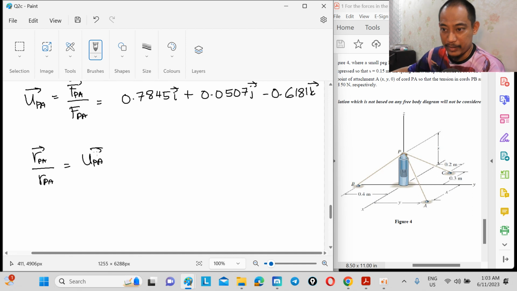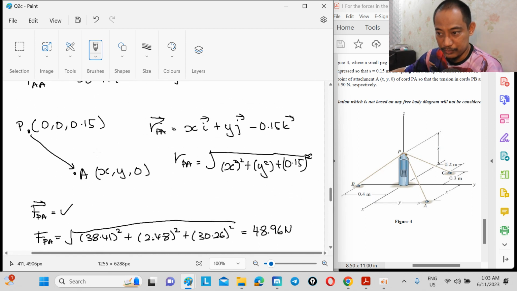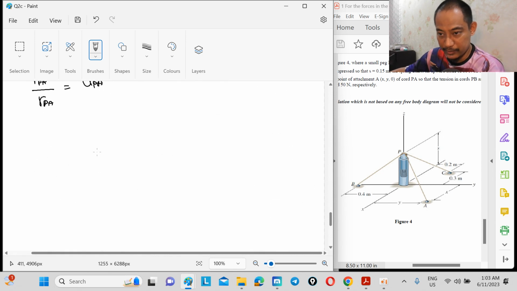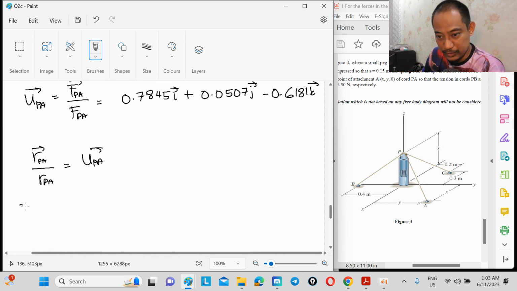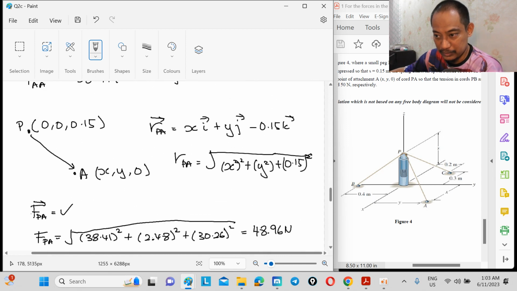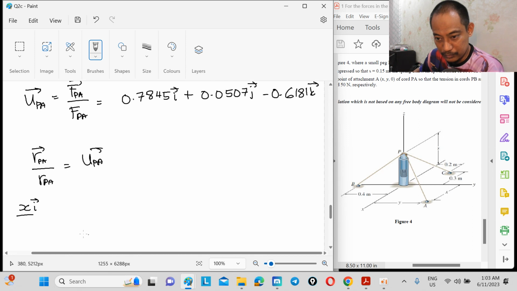And if we put that together, we will have xi, how to do this, so xi, okay, if we straight away divide by the unit vector, divide by RPA, the magnitude, I'll write it down like this first, plus yj over RPA minus 0.15k over RPA.